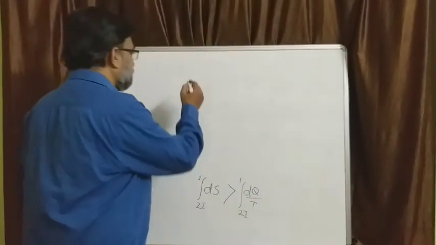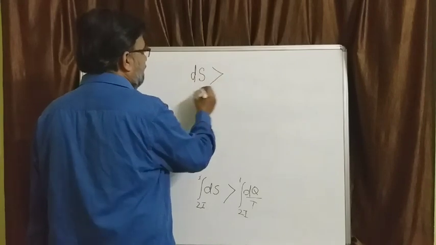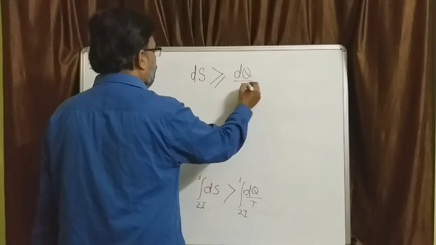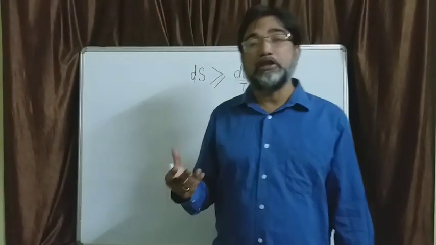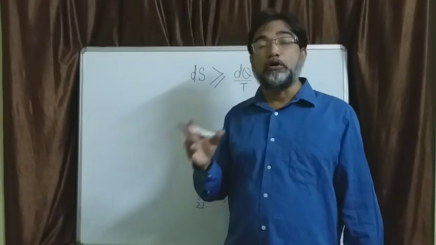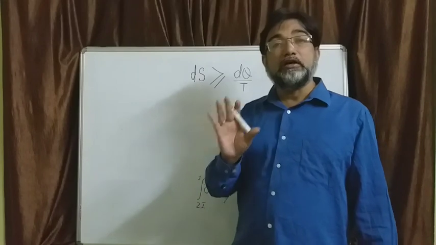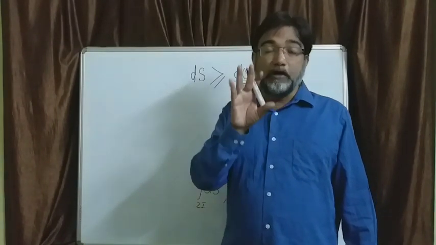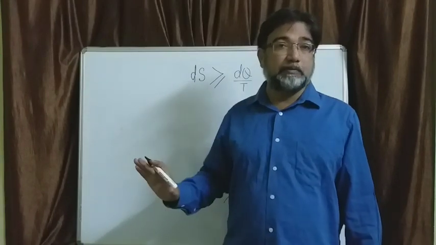So let me summarize. The general statement is that ds can either be greater than or equal to dq by t for a process. Earlier we did the cyclic integral of dq by t is less than or equal to 0, that was for a cycle. Now we established the relationship between ds and dq by t for two different types of processes, one a reversible process, one an irreversible process.